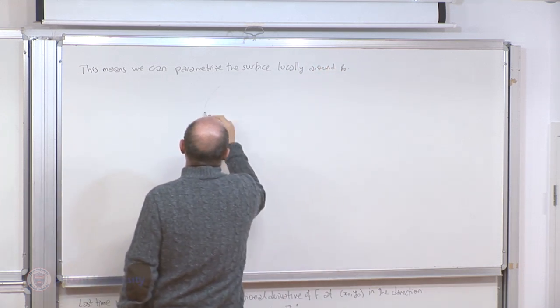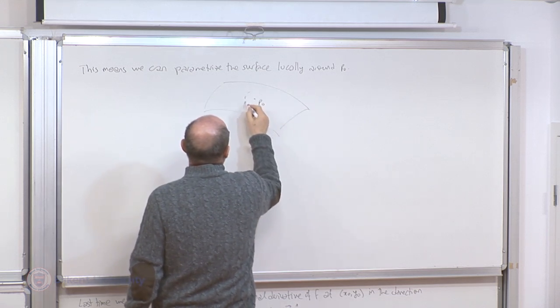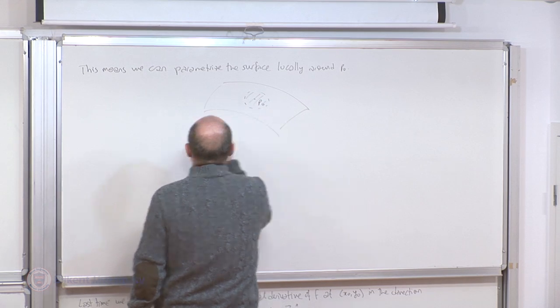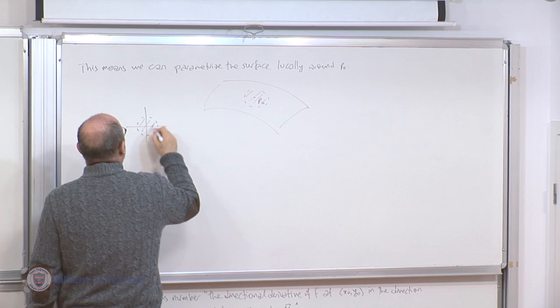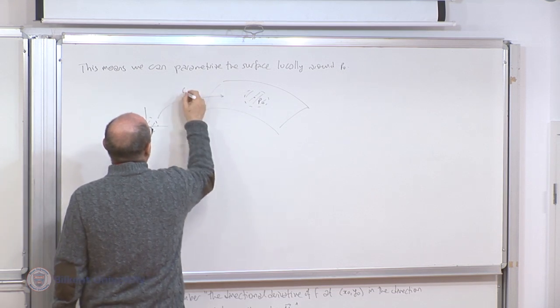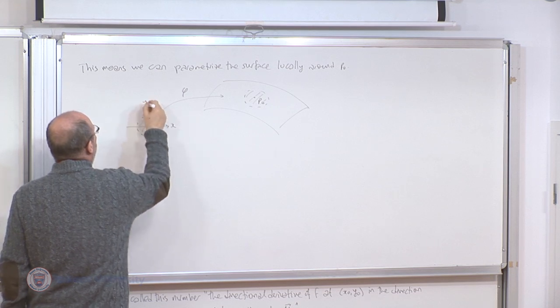So the surface is something strange like this. This is p sub 0, but there is a small part here, and here in the plane we can take a disk like this, and we have this function, let's say phi, so that it looks scientific, x, y.